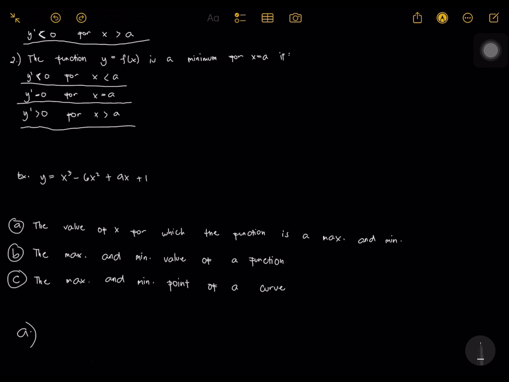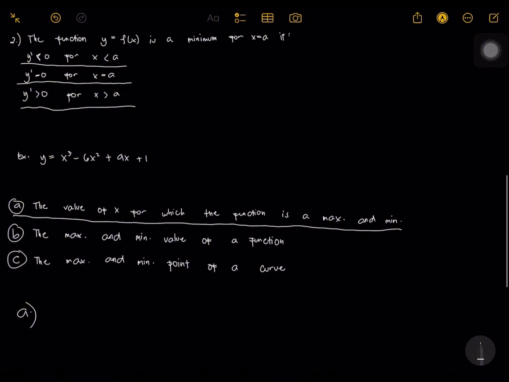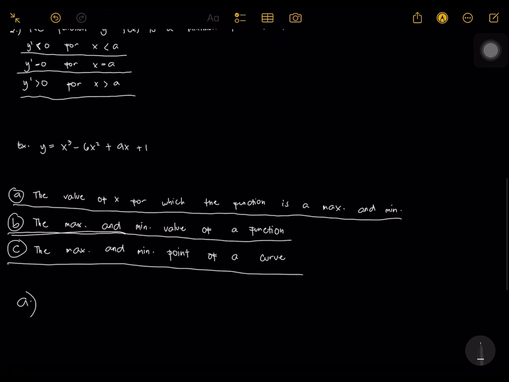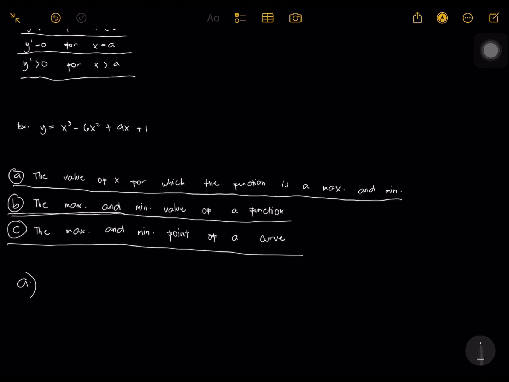The first is the value of x for which the function is a maximum and minimum. The next is the maximum and minimum value of the function. And the third is the maximum and minimum point of the curve.